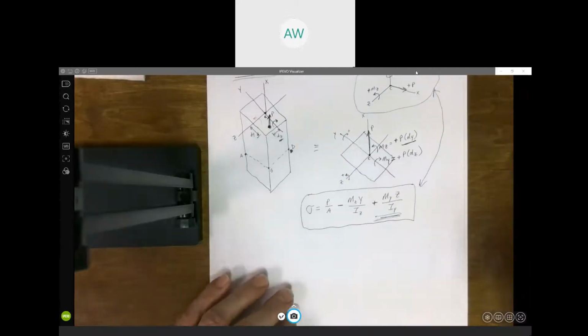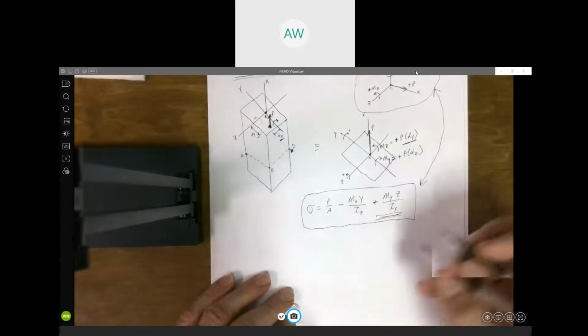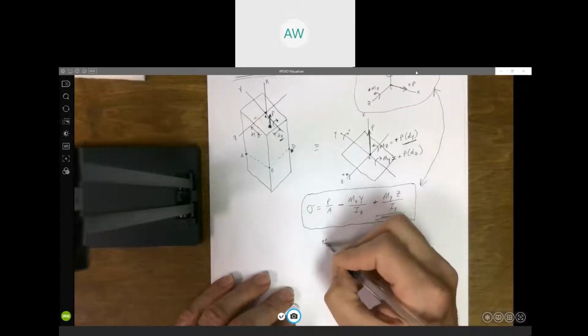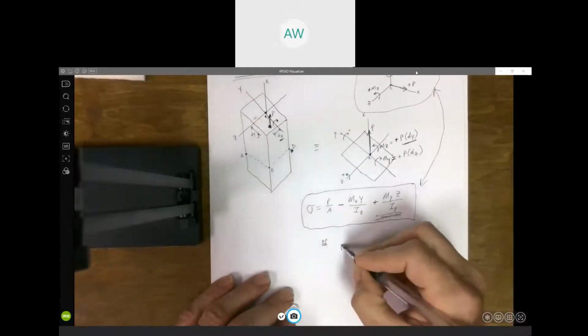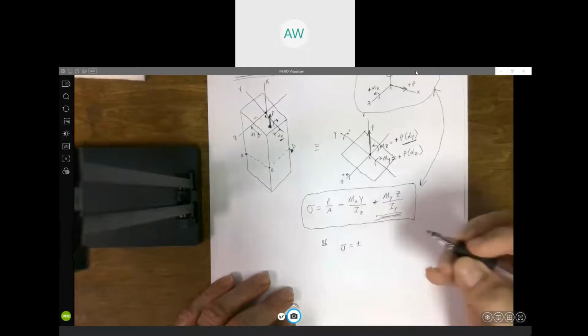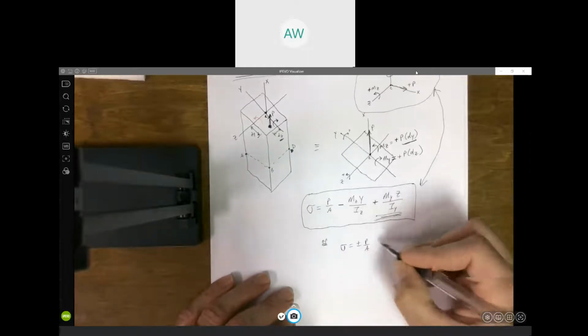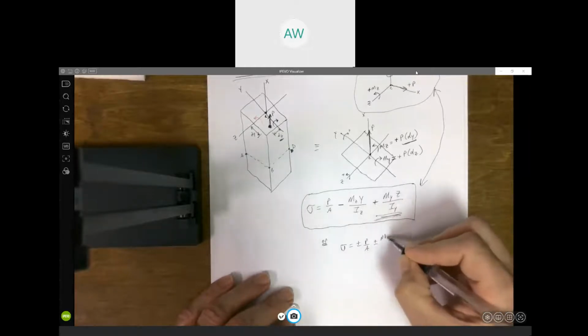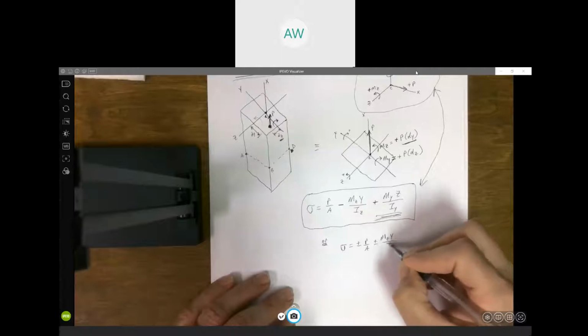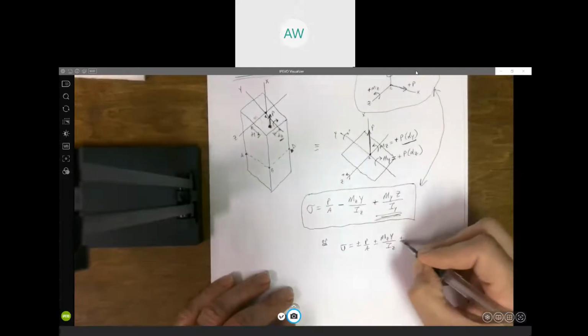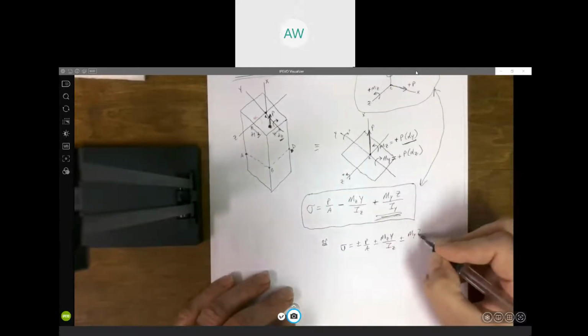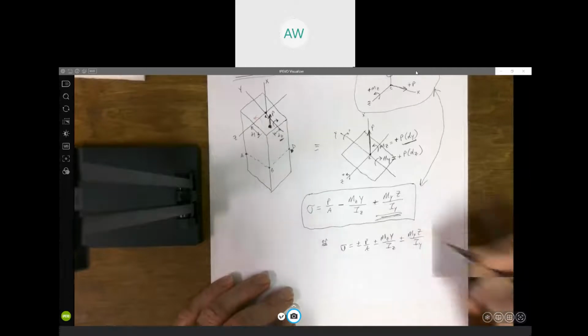Now, just to reiterate, if you don't like doing it that way, you can think of it as plus or minus P over A, plus or minus Mz y over Iz, and plus or minus My z over Iy.